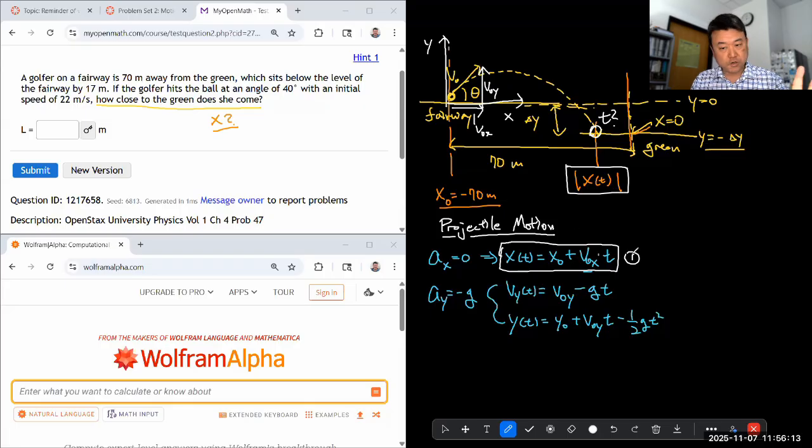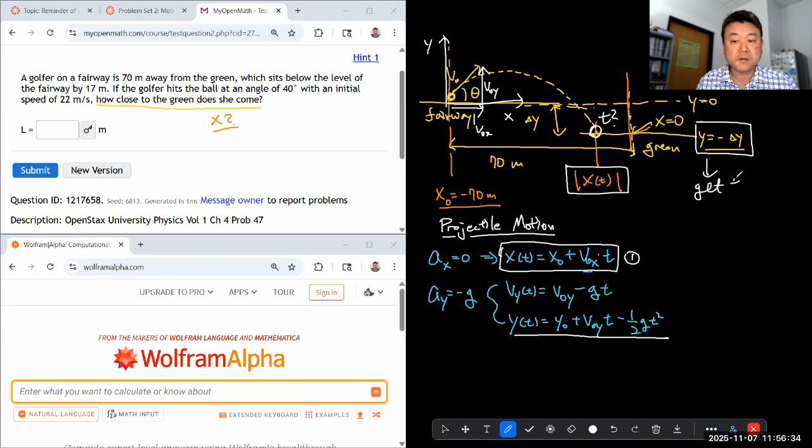So I'm eventually going to get to equation 2, but I need to find another way to get the time information. And oftentimes in projectile motion, when you need the time information, usually the y component of motion will give it to you. So depending on the condition set up here, I know what my final y height will be. So from this, I can get time information.